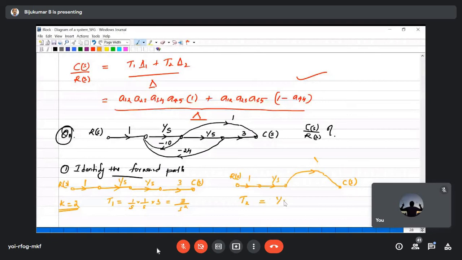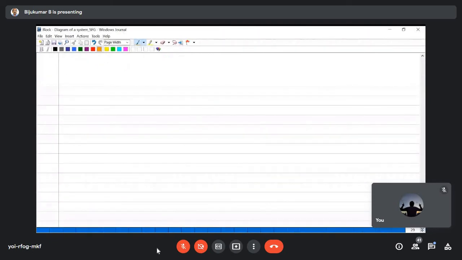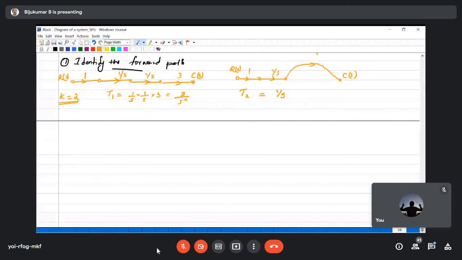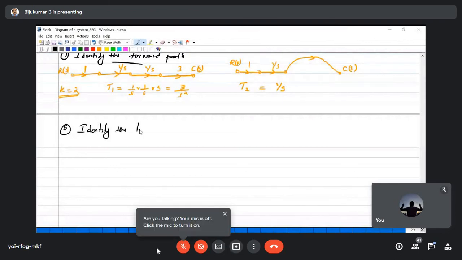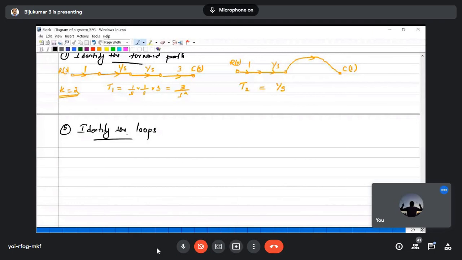So the next step is to identify the number of loops. Right. How many loops exist here? Two loops exist, right?